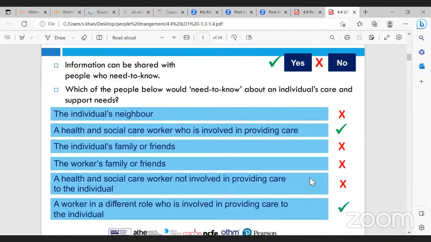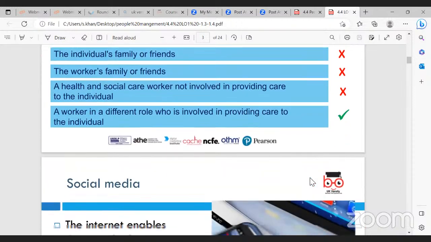Yes. The individual's family or friends don't need to know, only if... No. The worker's family or friends? No. A health and social care professional not involved in providing care to the individual? No. And a worker in a different role who's involved in providing care to the individual? And that can be like a physiotherapist or anyone from the dementia unit, anything like that. It could be anyone that needs to know.